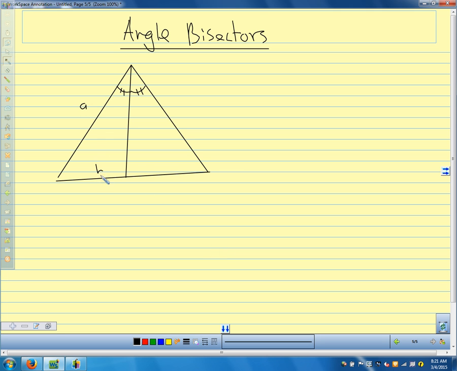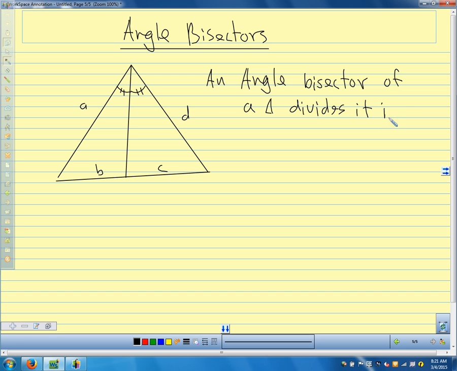I'm going to call this A, B, C, and D. An angle bisector of a triangle divides it into two triangles with proportional sides. So that's what our theorem tells us.